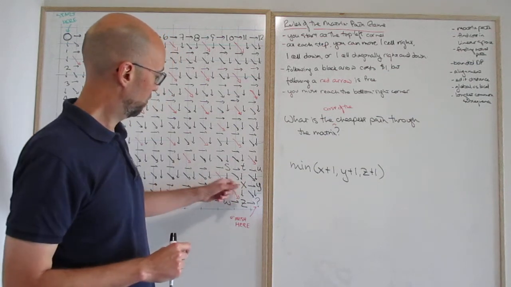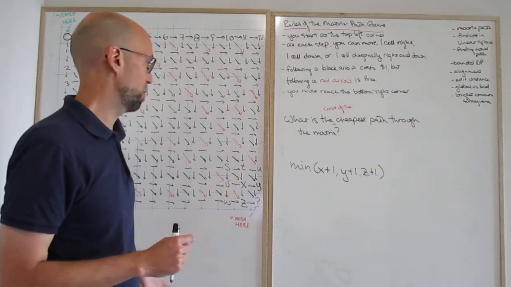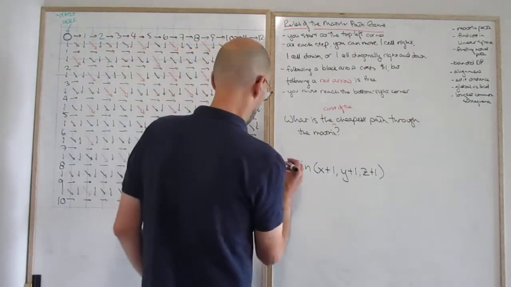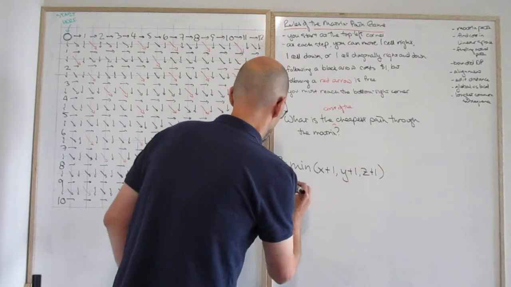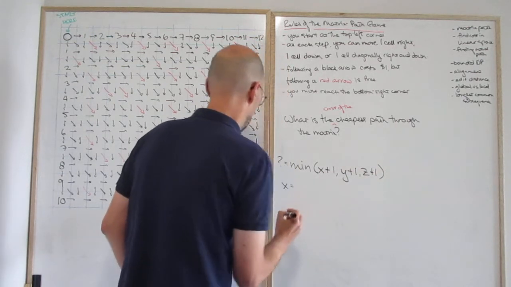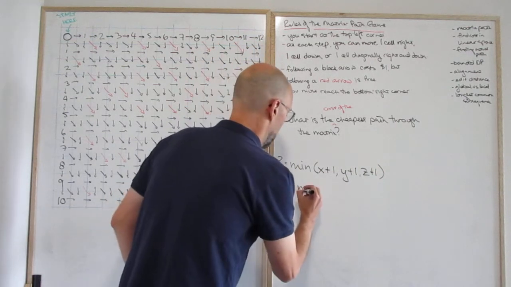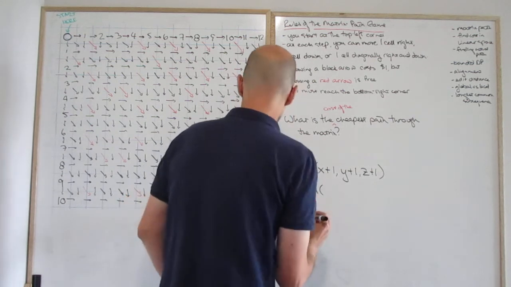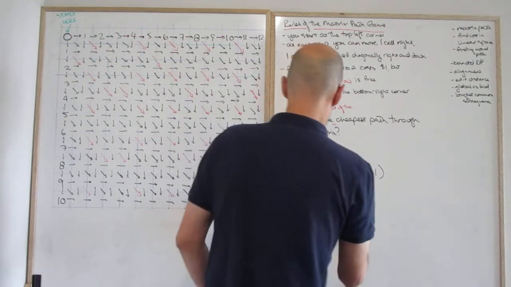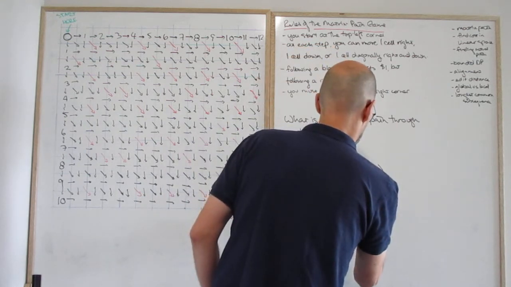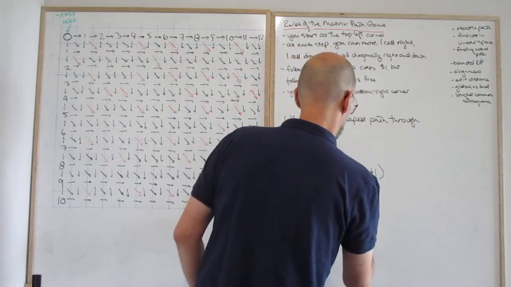What is X? Well, X is like the same thing, right? So question mark equals min of this. X equals min of S plus 1, T plus 1, and V plus 1.